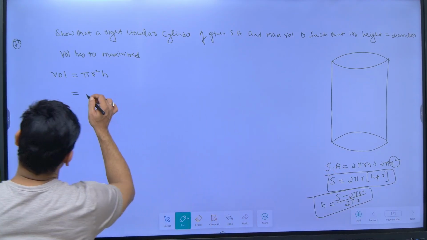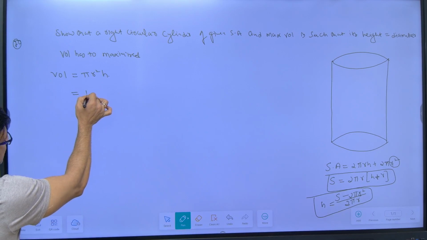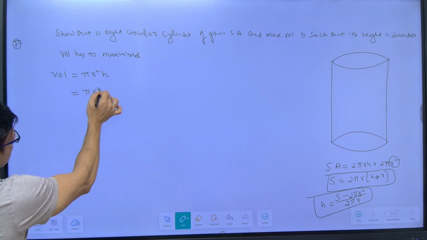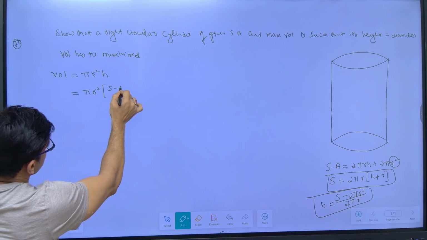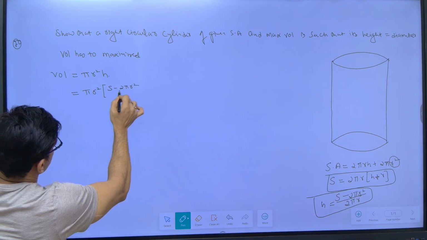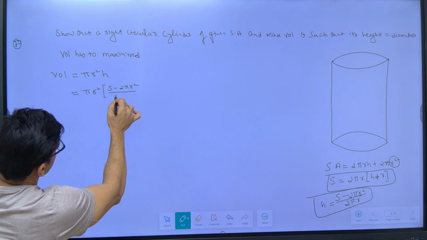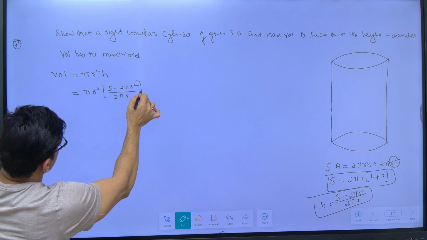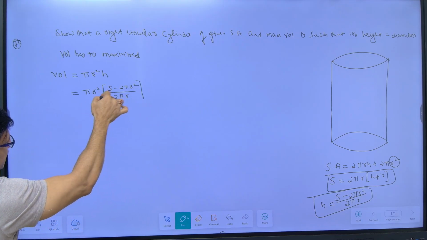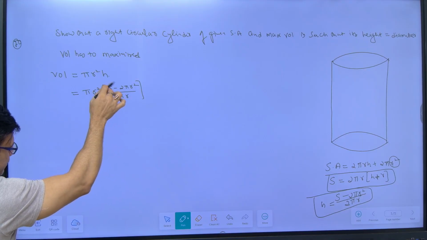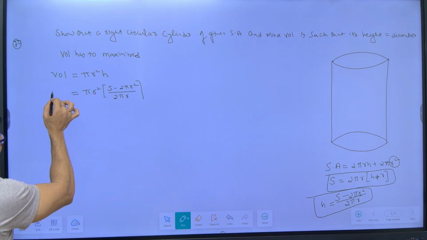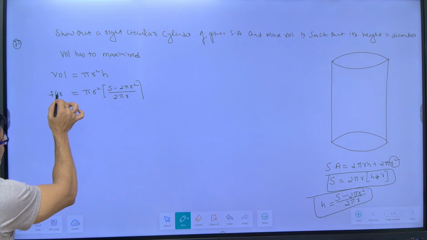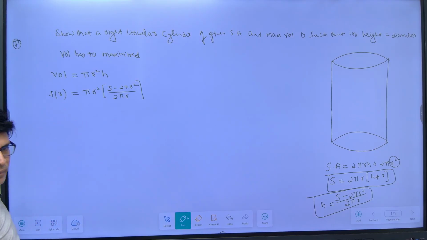Now, what is volume? Pi R square, and H is what? S minus 2 pi R square over 2 pi R, or not? Everything has turned out to be in terms of R. S is constant, pi is constant, so the whole function is a function of R. Cancel whatever you can.